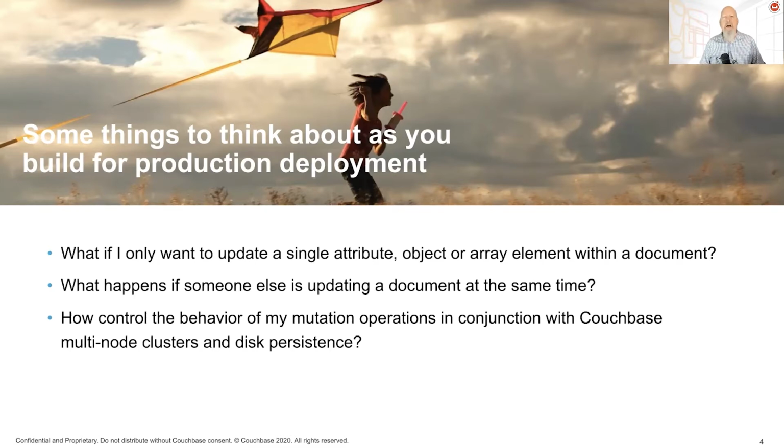And finally, understanding the nature of deploying applications into a production environment means realizing that in production environments, we often have clusters of Couchbase servers, and the data is actually distributed and potentially replicated as well as persisted. And so given that, how do we take those things into consideration?